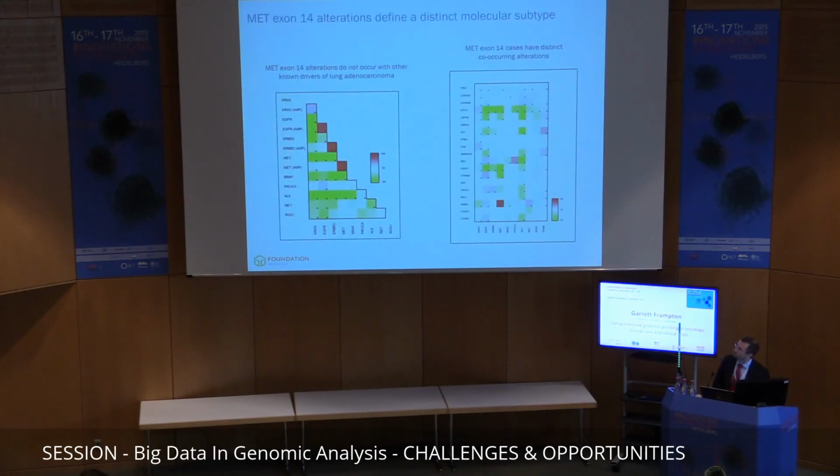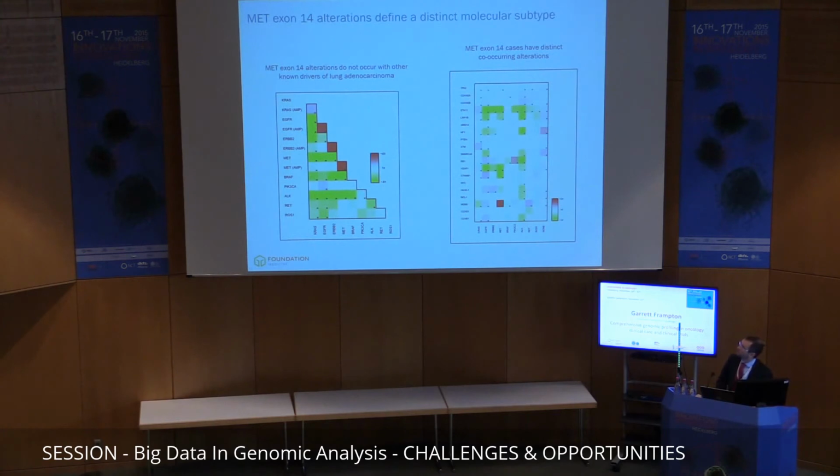What we saw, the figure on the left is showing co-occurrence and exclusivity. Basically all of the well-known drivers are mutually exclusive of each other, including MET exon 14 alterations, but also point mutations or MET exon 14 alterations were significantly enriched with copy number amplifications of each of those genes.